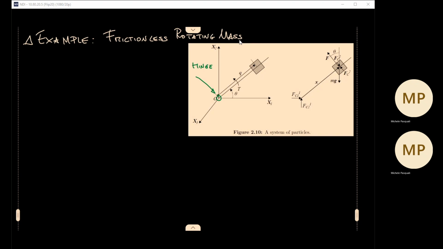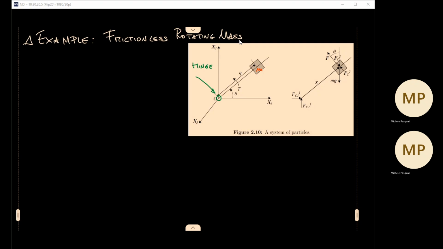Well, along this rail, there is a mass m. Here I forgot to write the entity of the mass m, which slides frictionlessly along the rail. Okay? And what happens is that this rail is subject to a couple, a torque T, which causes this rail to rotate about the axis x3.